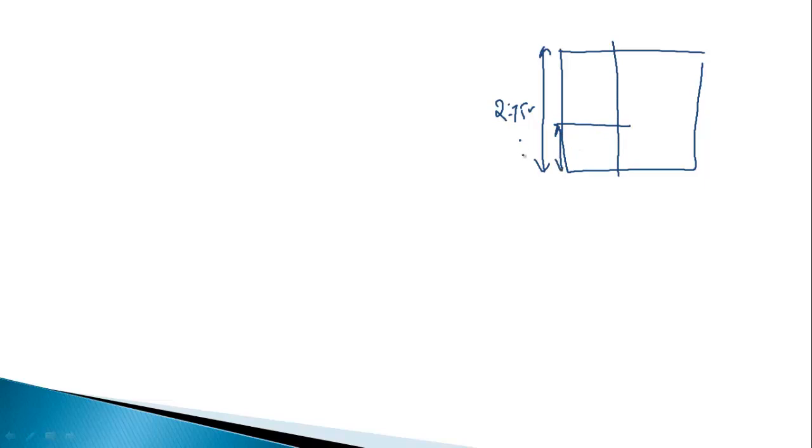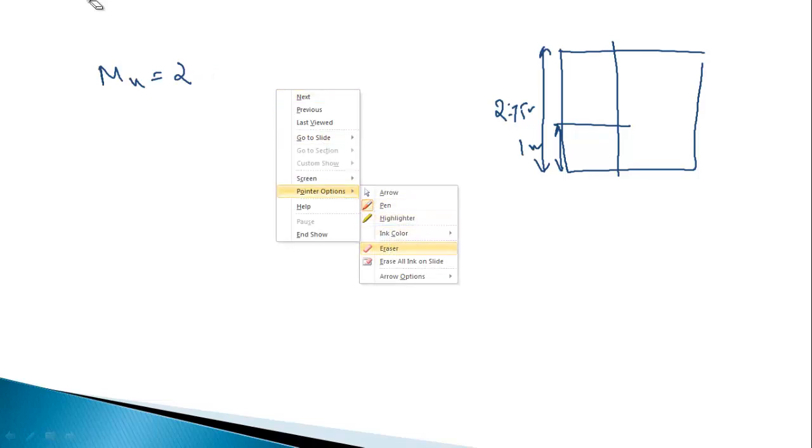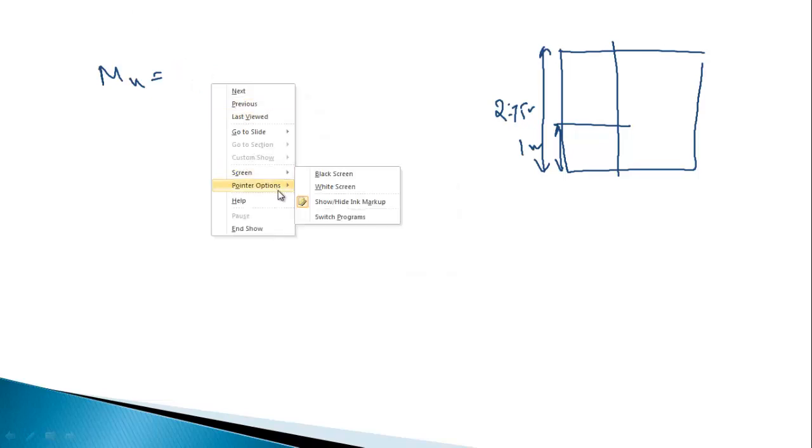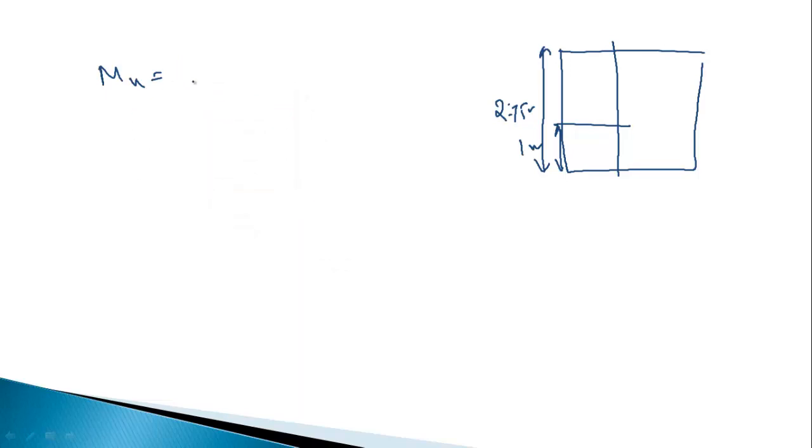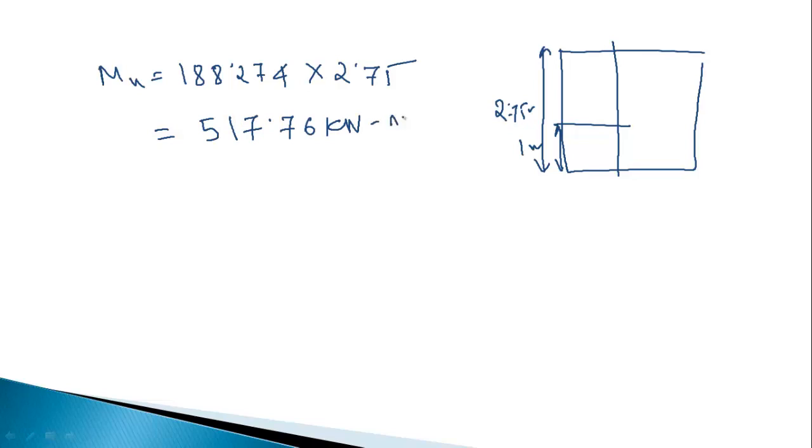Because we found 188.274 only for 1 meter, Mu will be 188.274 into 2.75. If you calculate, you will get around 517.76 kilonewton meter. So this is your answer.